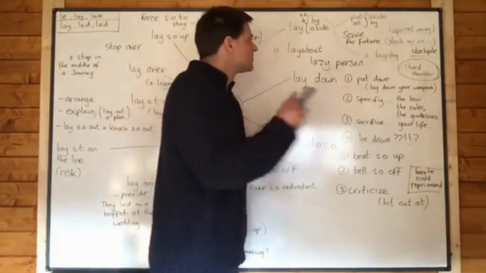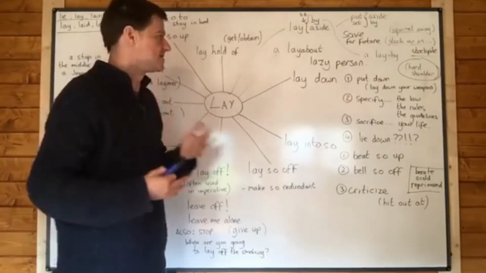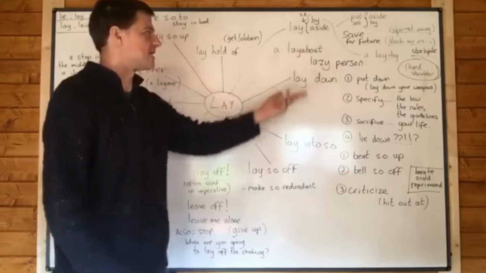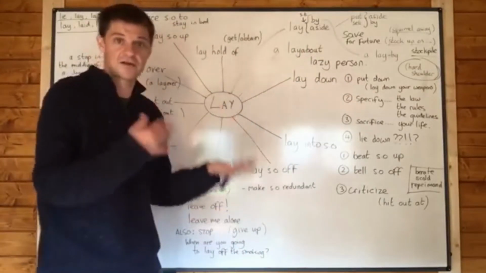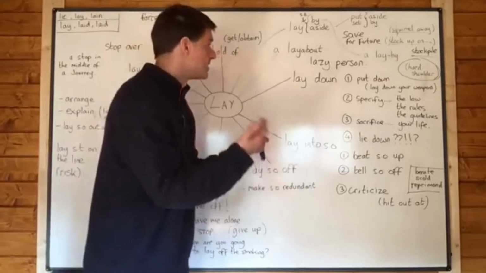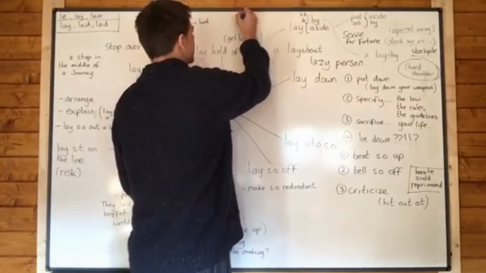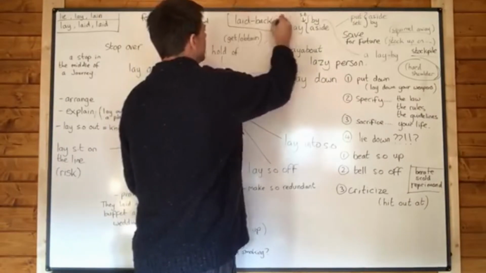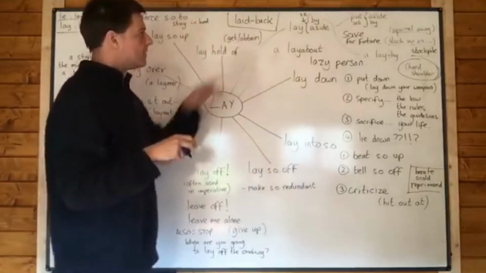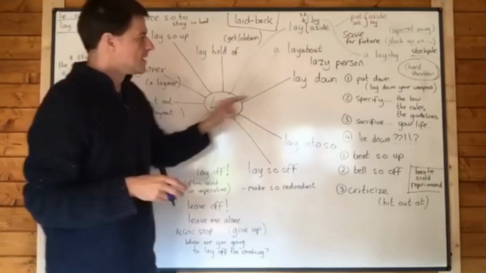But the two verbs have been mixed up over time so many times that a layabout is now a lazy person. They lie about, they lie around, they don't put in a lot of hard work. And you should also remember the word laid back as well, which means somebody who is relaxed and calm and easygoing. So that's perhaps necessary with phrasal verbs with lay as well.